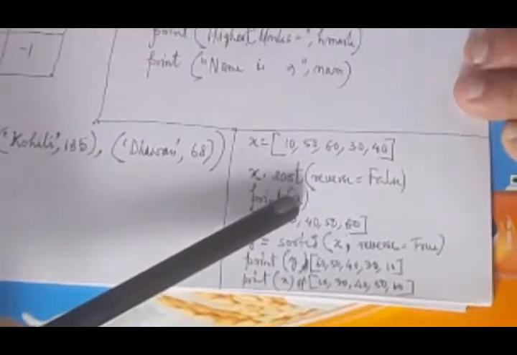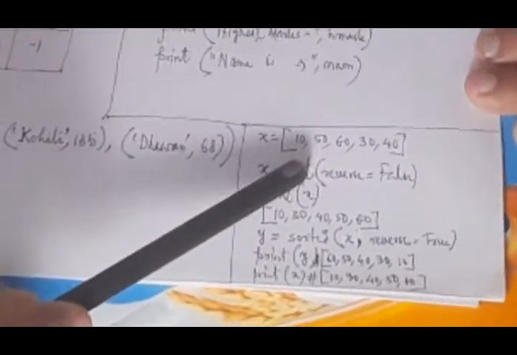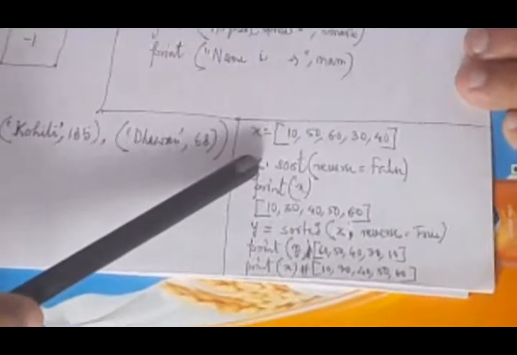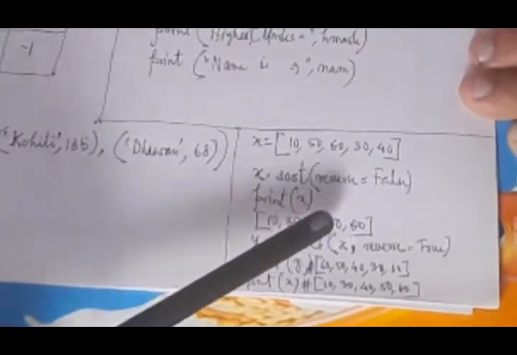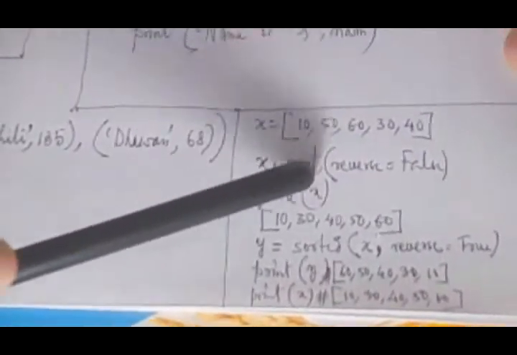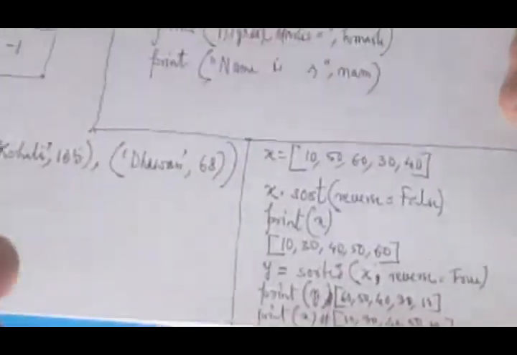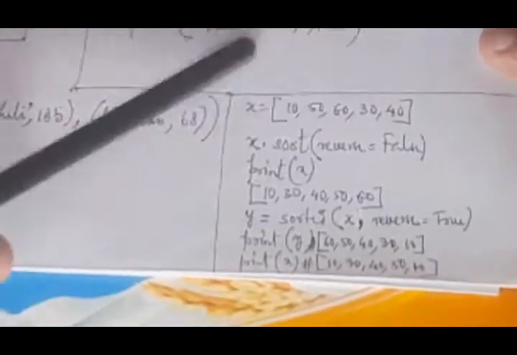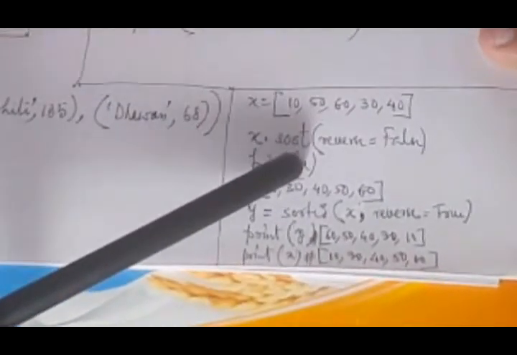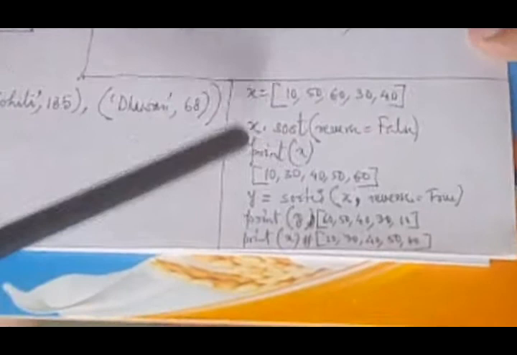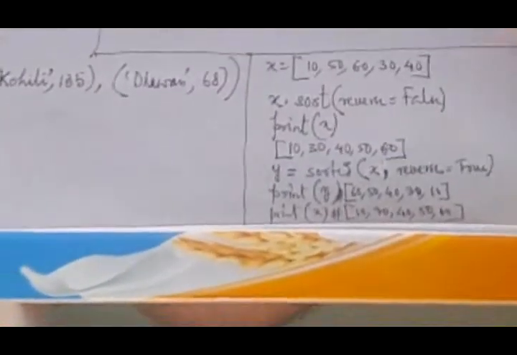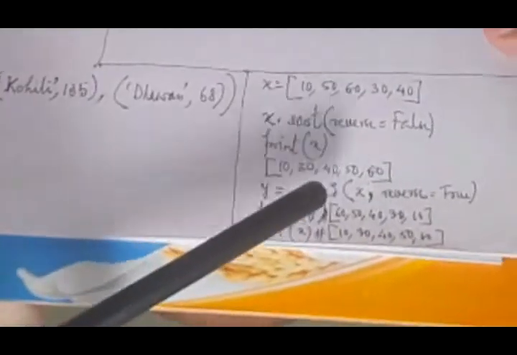So if you print X, the whole values have been sorted and updated. Now if you print X, the values of X are 10, 30, 40, 50, 60. Are you getting? In the sort function, reverse is false, that means it will be taken in ascending order. So the values of X are rearranged and the new values of X are in ascending order 10, 30, 40, 50, 60.